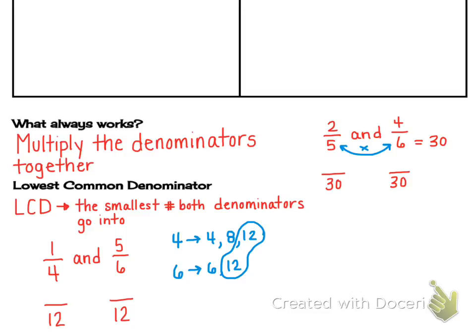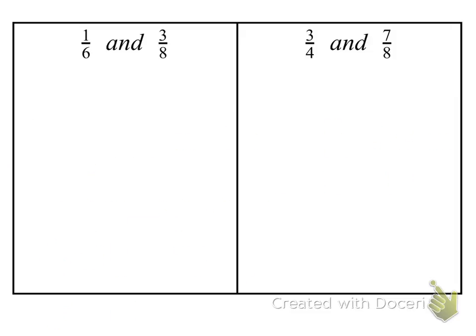So let's go back and look at the examples, and we're going to solve these both ways. So I would like you to draw a line down the middle. And then we'll find common denominators for each. So let's start with 1/6 and 3/8.